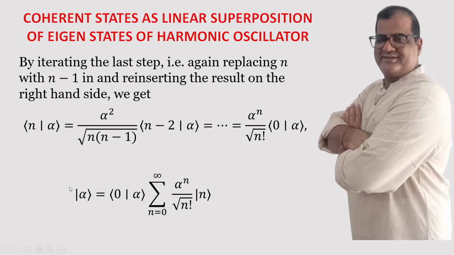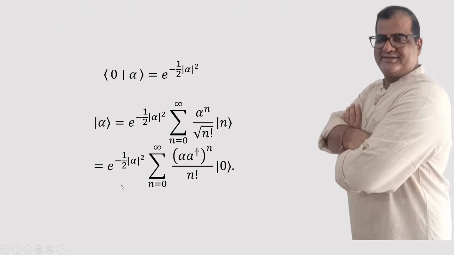When I multiply by bra alpha, this becomes mod alpha square to the power n over factorial n. The root will disappear, and the sum will become 1. So the value of this coefficient comes out as e to the power minus mod alpha square over 2 after taking the root.